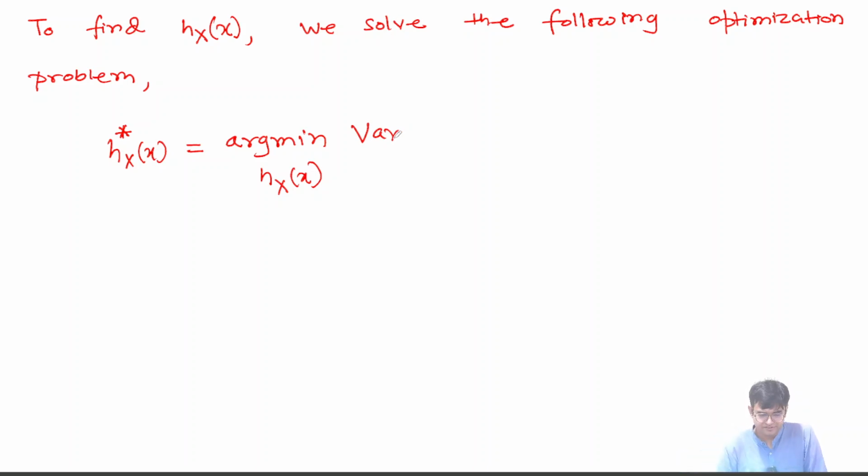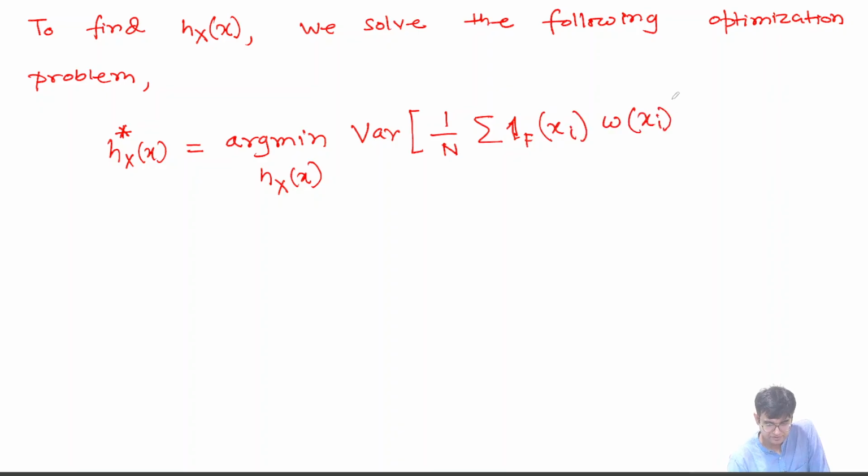What is PF hat in this case? 1 by n summation i equal to 1 to n, I am not writing that, multiplied by the indicator function of xi multiplied by weight of xi. This is the estimator, right? This is my PF hat, and I am looking at the variance of PF hat, and I am saying that the hxx that will minimize the variance of my PF hat is the one I need, right? Is that all, or do you think there should be something else?